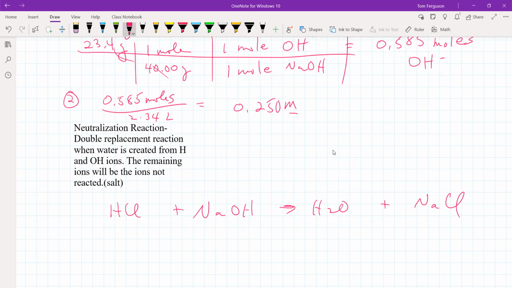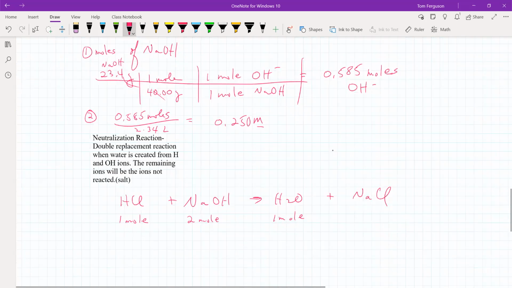So let's say I have 1 mole of HCl, 2 moles of sodium hydroxide. How many moles of water have I just created? Right, 1. And if I created 1 mole of water, how much of the sodium hydroxide did I need to create that 1 mole of water? 1, exactly.